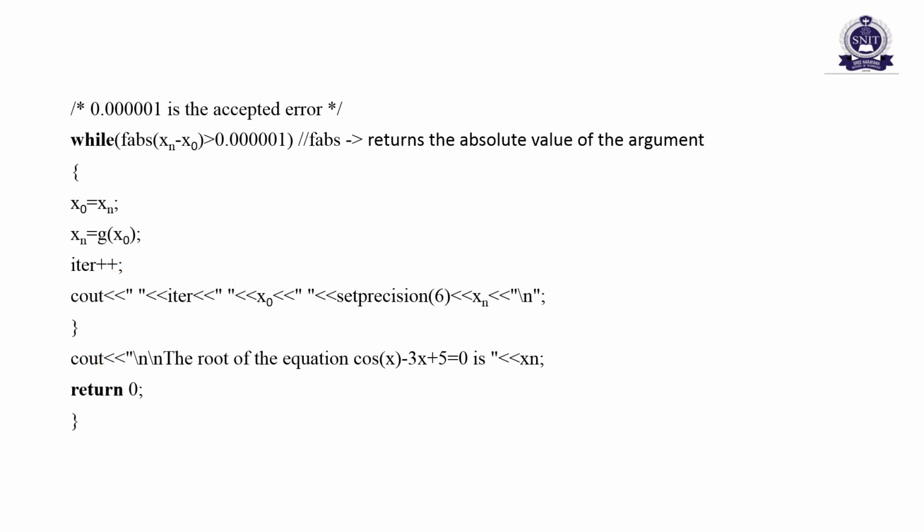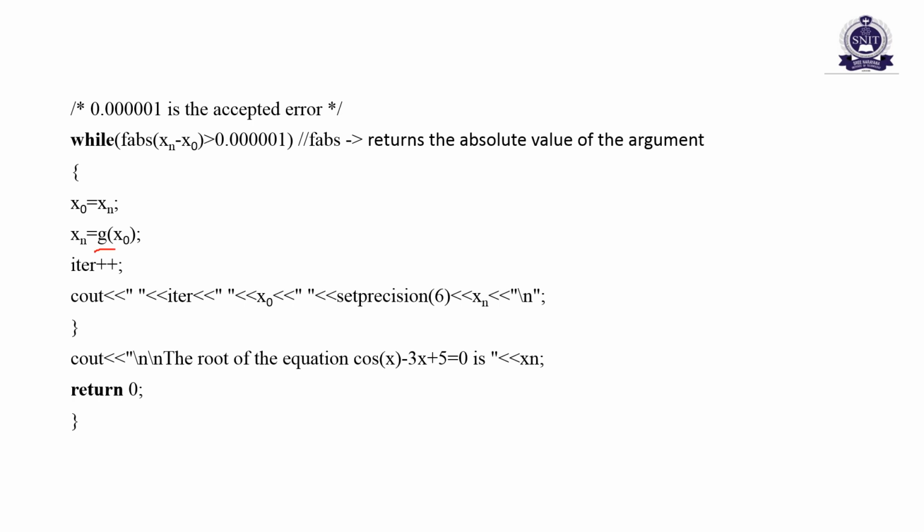Now again next condition, while fabs xn minus x0 greater than 0.000001, that is the accepted error, where fabs returns the absolute value of the argument. x0 is equal to xn, xn is equal to g of x0, you are assuming.